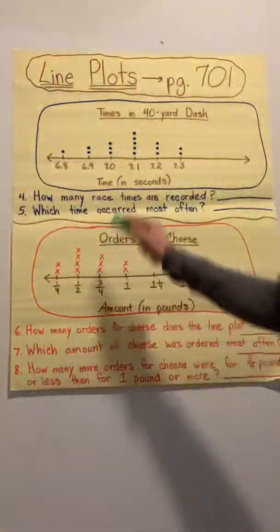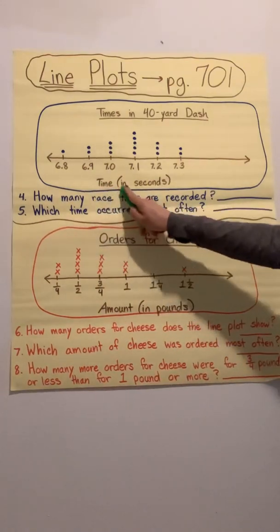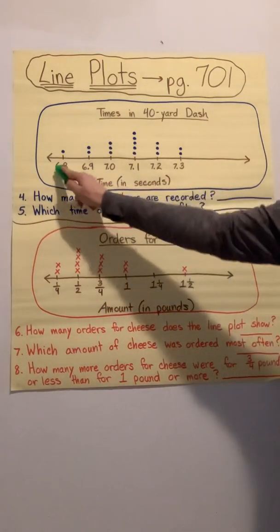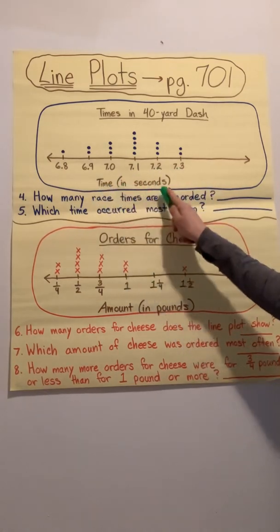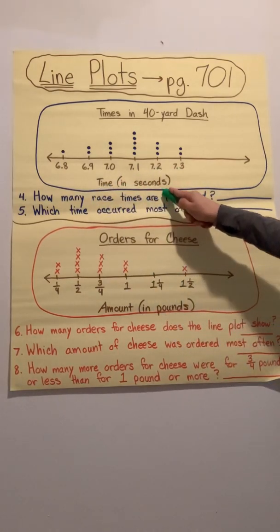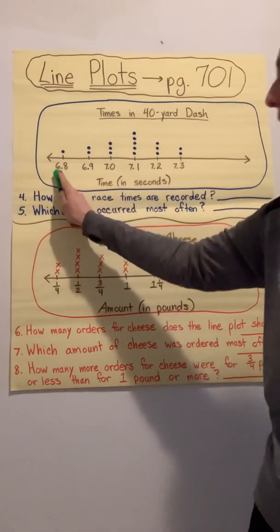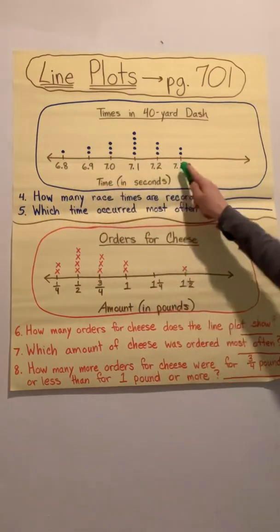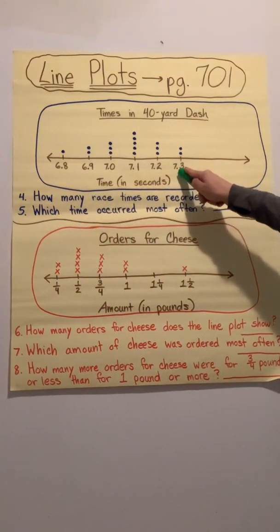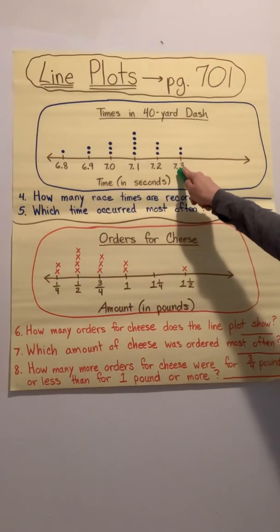Now I see the times below. It says time in seconds. So here's my number line, and I can see that these times are in seconds. So the range of my data goes from 6.8, that is the fastest anybody ran the race, to 7.3, which is the longest time it took anybody to run the race.